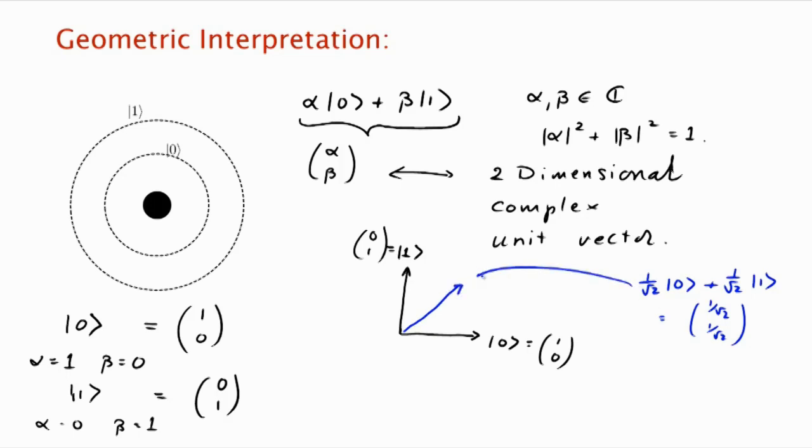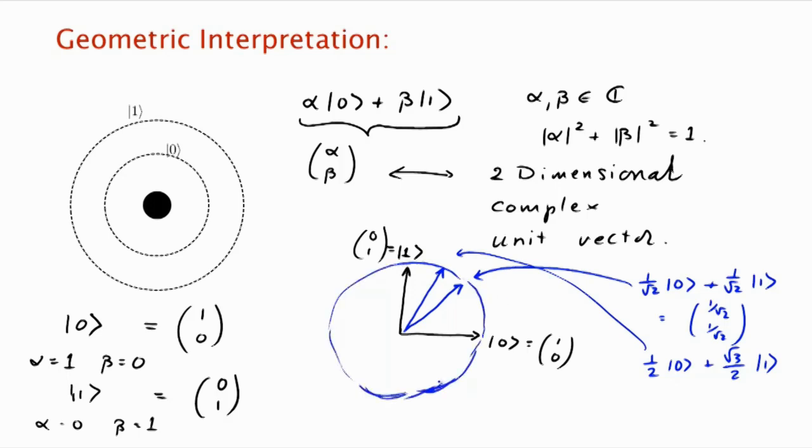That's this vector. How about the vector 1/2 |0> plus sqrt3/2 |1>? This makes a 60-degree angle, so it sits here. But all these vectors are required to sit on the unit circle.